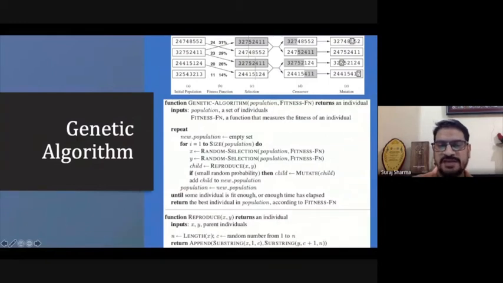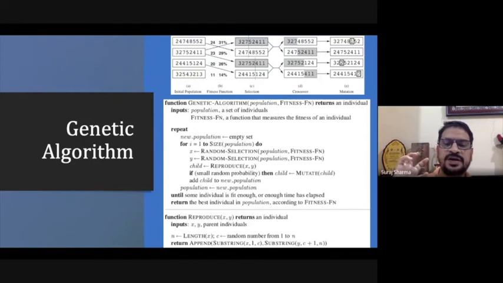These two parents, X and Y, we take as input, and whatever the length of X is, we put into N. We'll have some random value C from 0 to N, and we'll pick up the substring of X from 1 up to C, and another substring of Y from C plus 1 to N, and we'll just append both strings. So that is giving you the crossover values, and those crossover values are what we return.